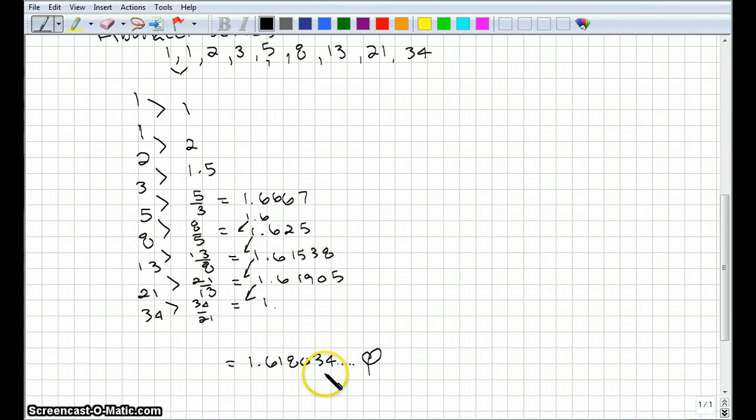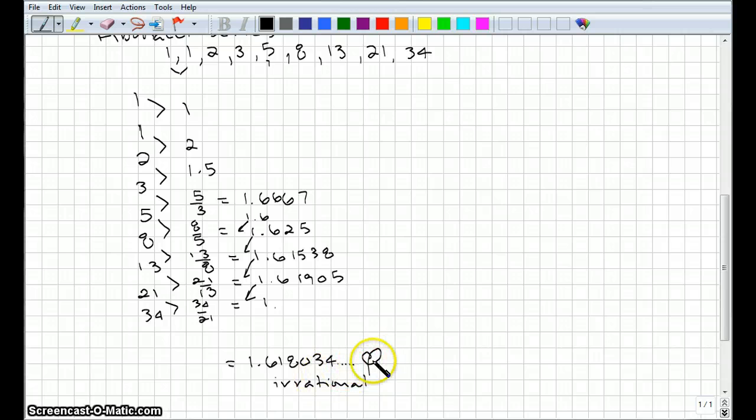It's actually an irrational number, okay? An irrational number is just one that can't be expressed as a ratio of two whole numbers. So like pi is an irrational number. The square root of 2 is an irrational number, okay? It has digits after the decimal point that go on forever, and they never repeat.